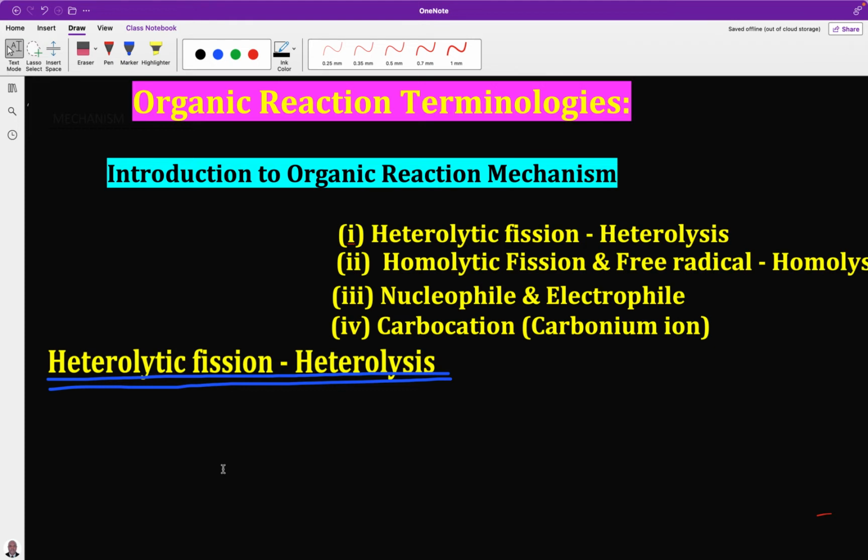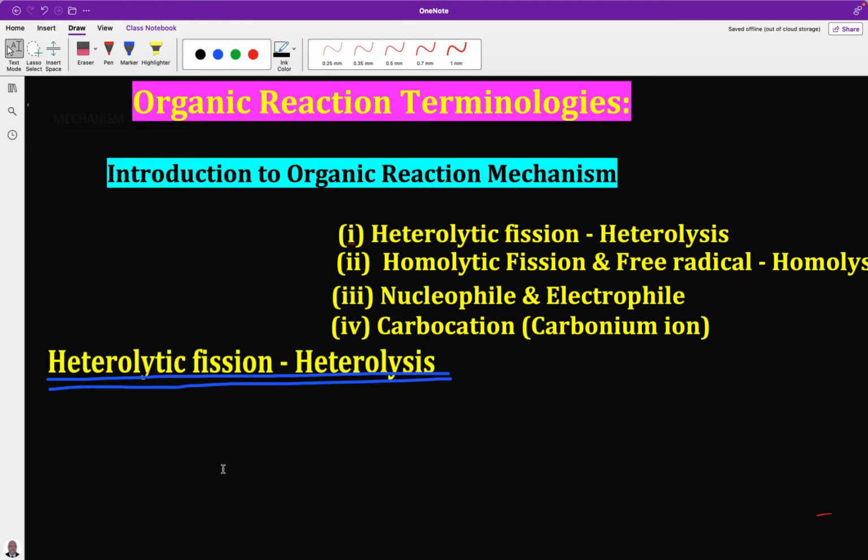Then we can say heterolytic fission, or what is generally known as heterolysis, is an uneven breaking of a covalent bond.